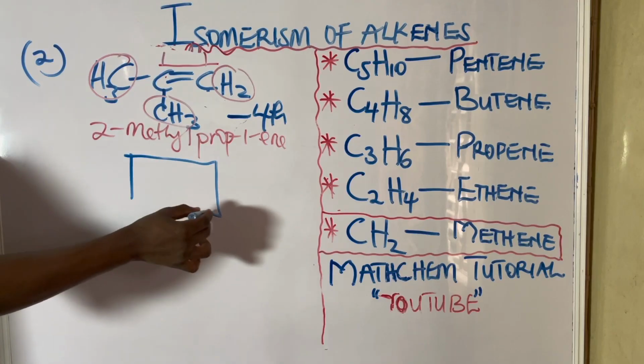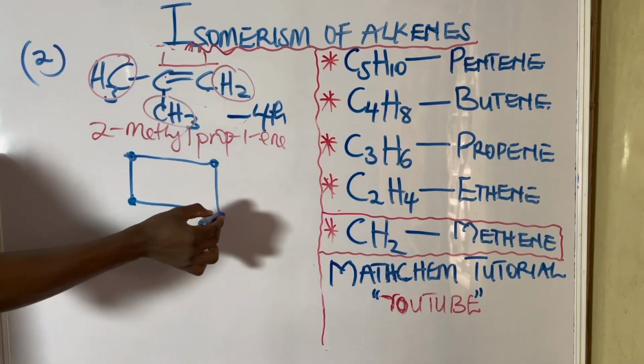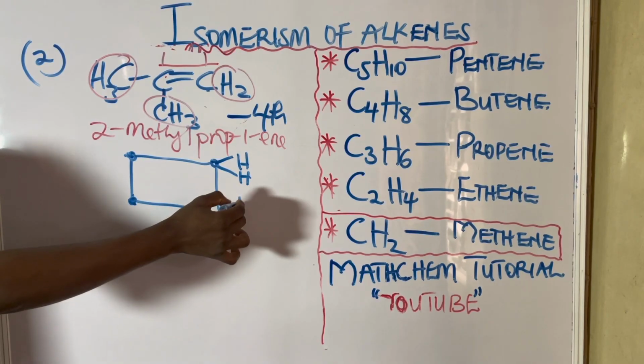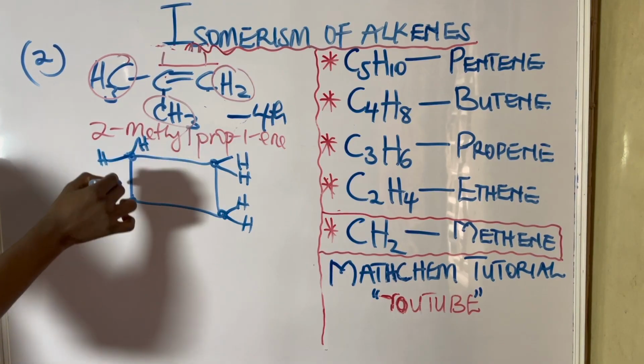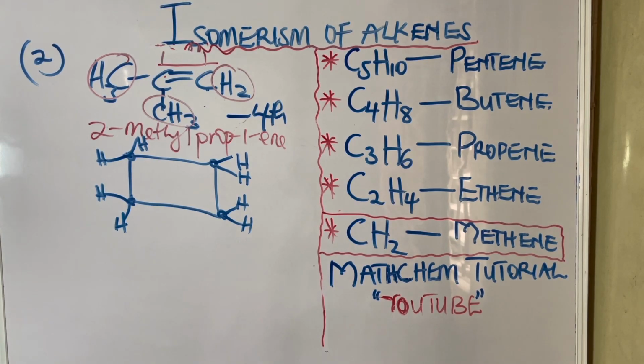So we have 4 carbons here. Then if I put one here, another one here, one here, one here, this is 4 carbon, right? Then hydrogen, hydrogen, hydrogen, hydrogen here, hydrogen, hydrogen, hydrogen, then hydrogen here. So this is C4H8.